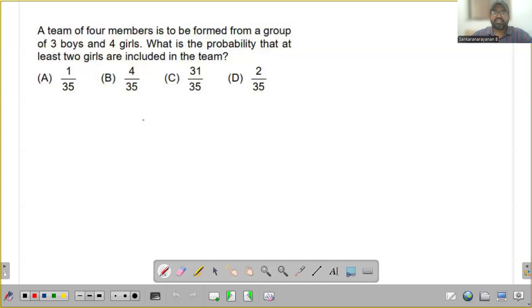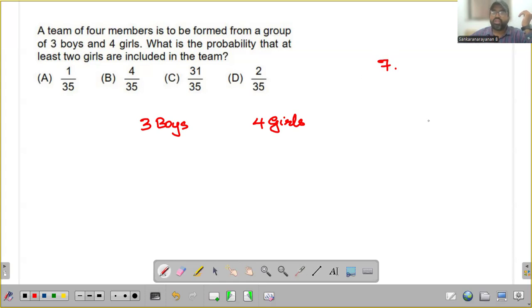So when you consider the supply, you can see 3 boys, 4 girls. Total 7 people are there. Now, a team of 4 members is to be formed from this group. So anyway, you have to select 4 people from these 7.